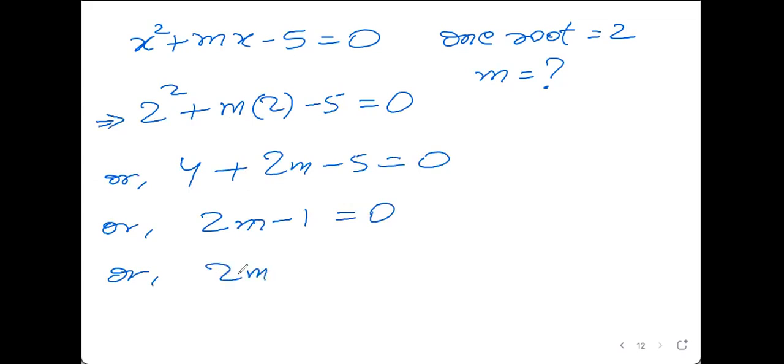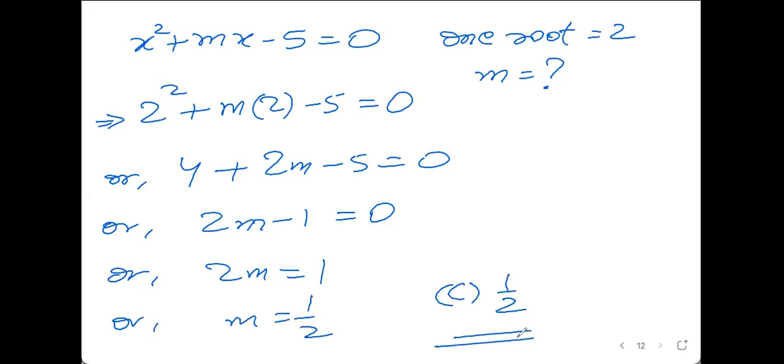Now I'll take minus 1 from the left hand side to the right hand side. So it will become 0 plus 1 is 1. Now when we take 2 from the left hand side to the right hand side, it's part of the term we are moving. So 1 by 2. So C, 1 by 2 is the correct answer.